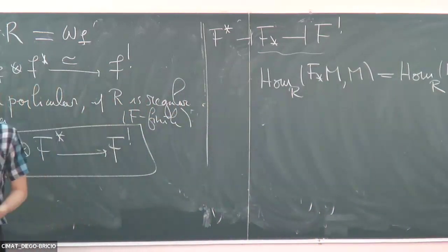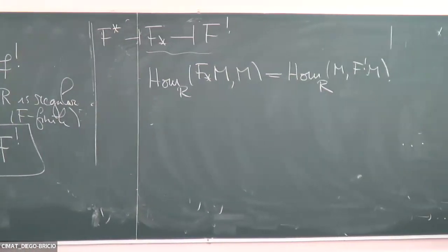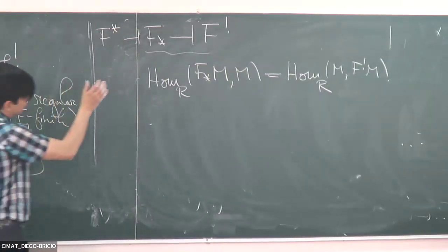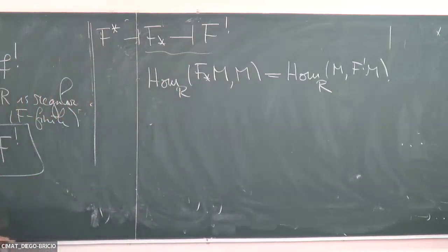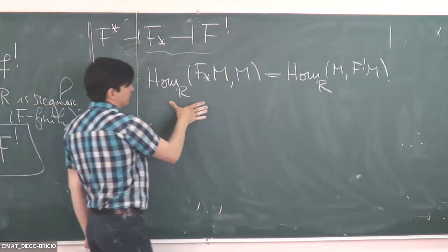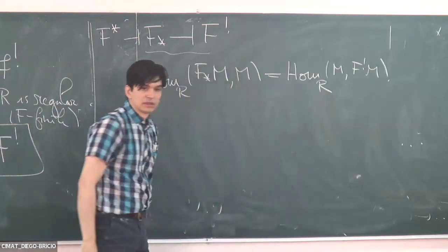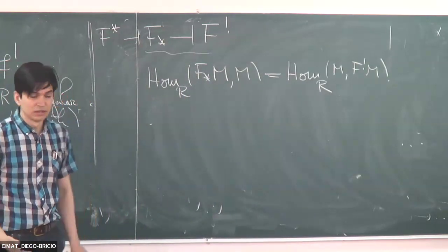So remember that this adjoint relationship is just a formal mathematical way to express precisely that this object and this object are the exact same thing. They carry the same data.